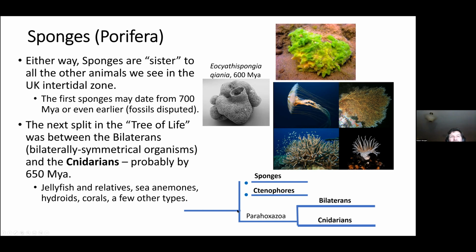But anyway, from the ancestors of sponges came two separate groups, the bilaterans, which are the organisms which are bilaterally symmetrical, and then the other group is the cnidarians, which are basically things like corals, jellyfish, sea anemones, all these things which are either radially symmetrical, a round profile, or branching things like corals.